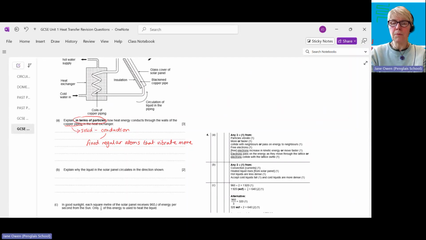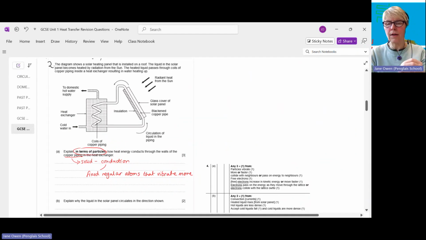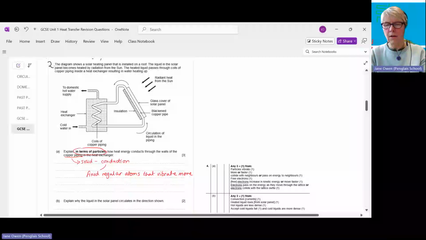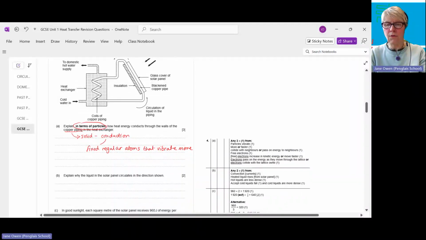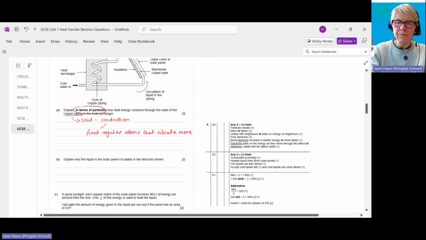But so at room temperature, or even, you know, kind of outside temperature, they are still vibrating, but just not very much. So when the radiant heat from the sun is radiant on to the glass cover and it goes through to the copper pipe, it's warmer than the copper pipe. So it makes those particles in the copper piping vibrate more.